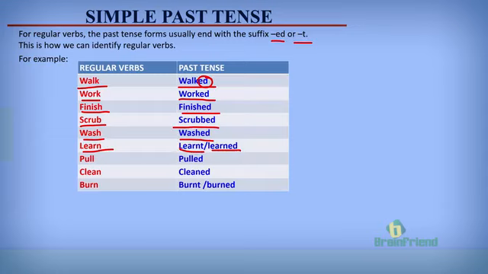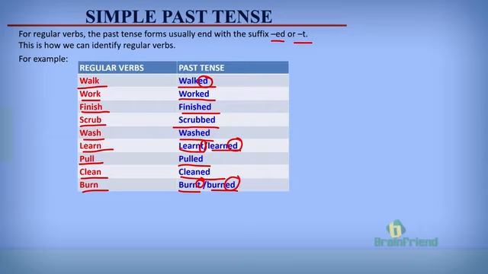Note that here we have two forms, the form ending with the letter t and the form ending with ed. Pull, pulled, clean, cleaned, burn, burnt or burned. Two forms for the past tense of burn, burnt and burned.